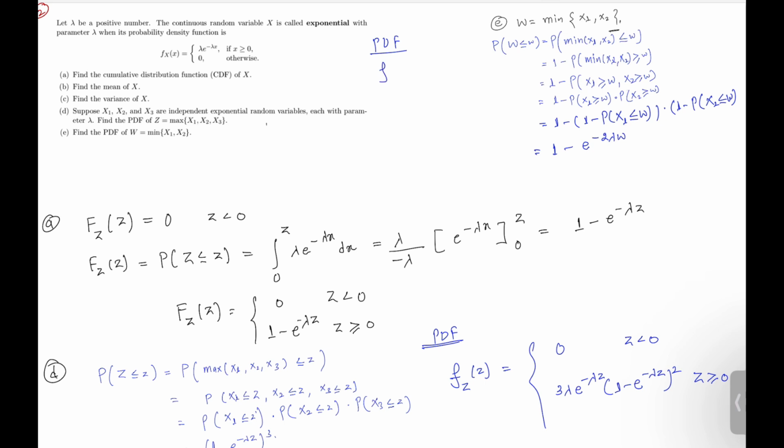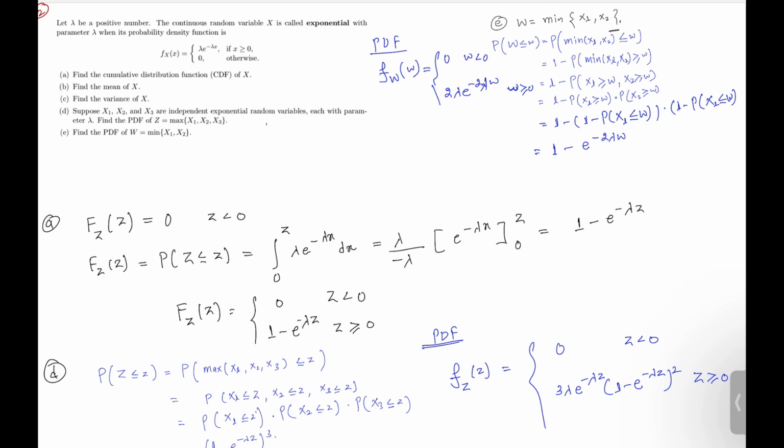The PDF of this random variable W will be 0 when w is less than 0, and 2 lambda e to the power minus 2 lambda w when w is greater than or equal to 0.